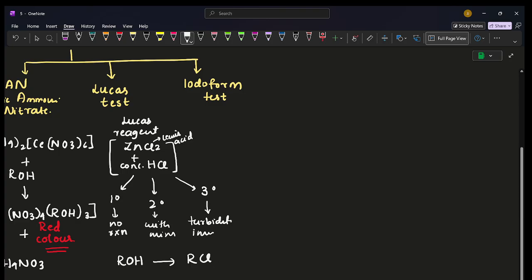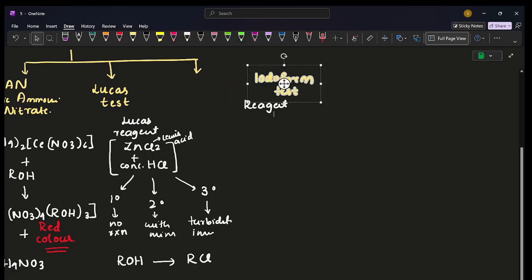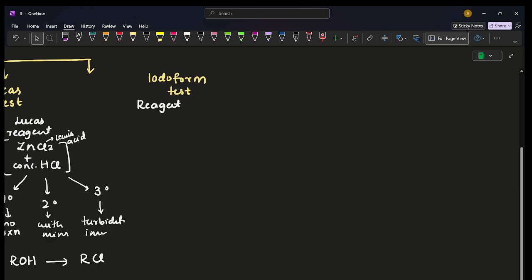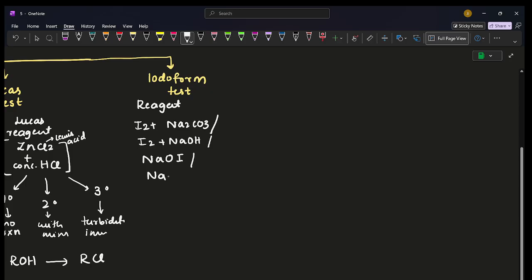Reagent. Basically, let me just put this a bit sideways. Yeah, so the reagent is the compound heated with I2 plus Na2CO3, or you can write it as I2 plus NaOH, or you can write it as NaOI, or you can write it as NaIO3.